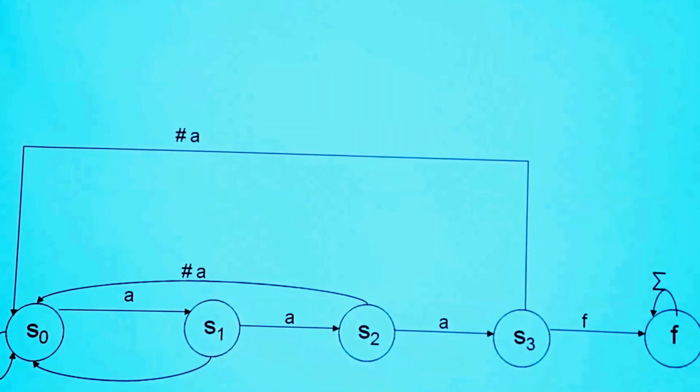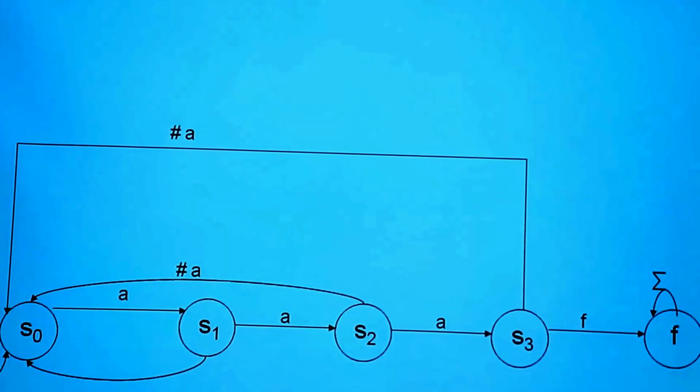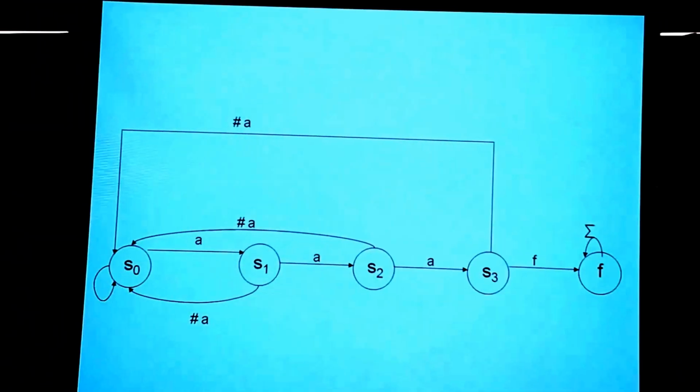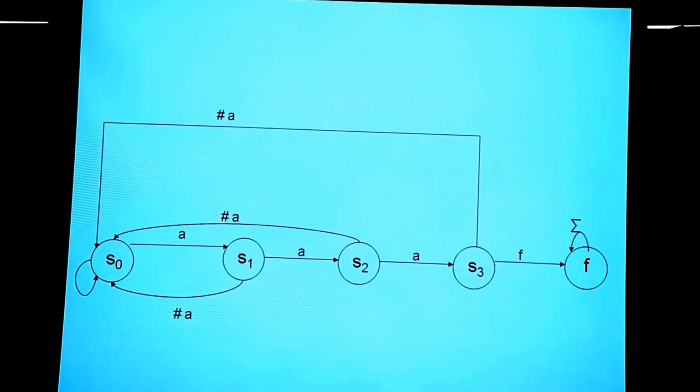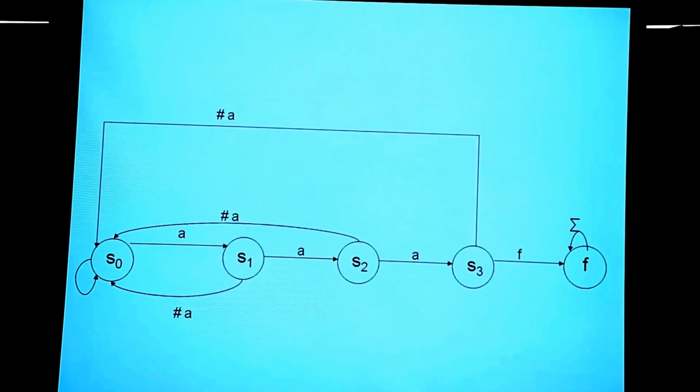One more correction: after seeing two A's, I reach S2. Then maybe you should come back to S1, so NFA. If I see an A, I go to S2.